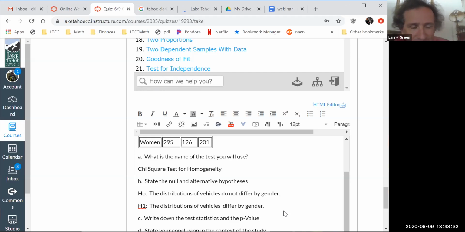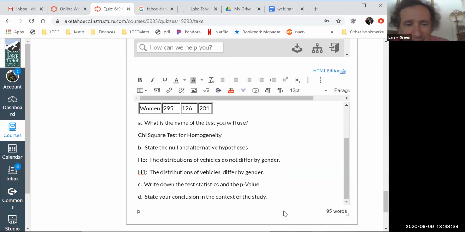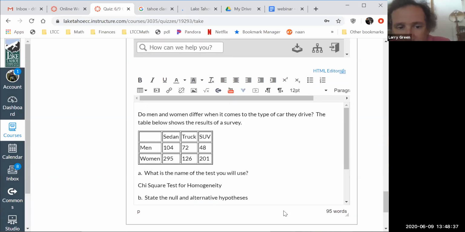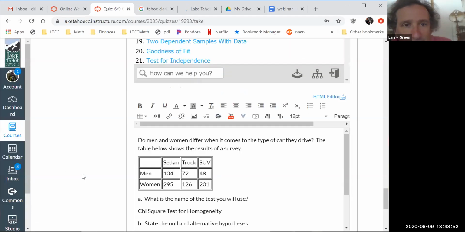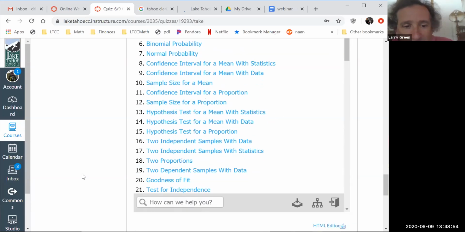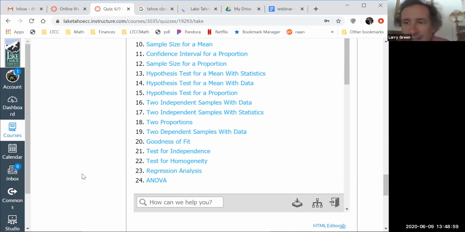Okay, so now we've got that one. Now we need to do test statistic and p-value. So again, we have 104, 72, 48, 95, 126. So I need to go to my calculator. Oh, shoot. Let's try this again. And which calculator do I use now? And the key is, if you saw the name of the test, it should be very obvious if you got the name of the test right. Yeah, now it's 22, test for homogeneity, because that's the test.